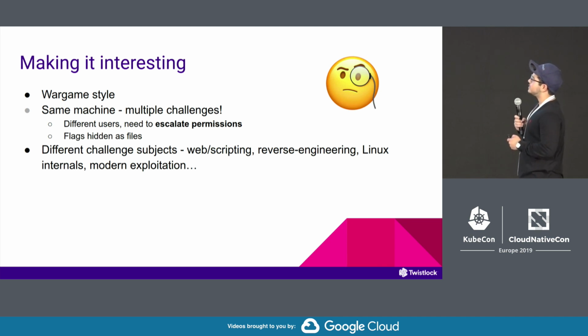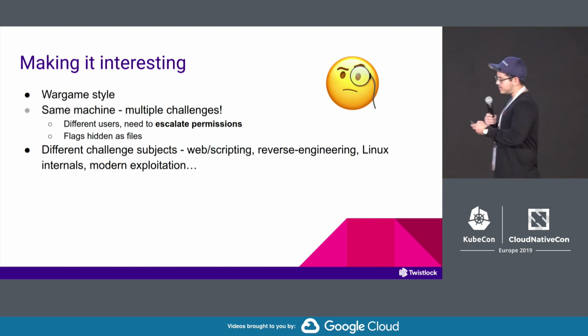The first challenge was web exploitation. The second one required reverse engineering of some binaries. And then to solve the next challenges, you would need to get really deep into the Linux internals and know modern exploitation techniques. To get the final flag, you would have to write a real exploit that really imitates a real scenario when you exploit a binary.